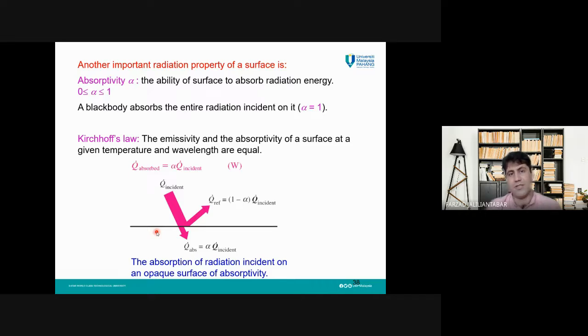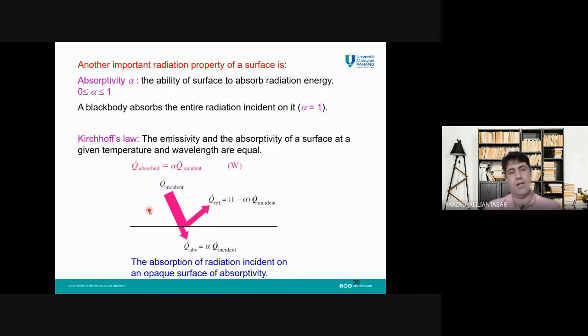Some of that is reflected, and it will reach other bodies, and there will be heat transfer to those bodies, and the temperature of those bodies will also increase. So this is the reason why we define these two: radiation emitting and also absorbing thermal energy. We have this for all surfaces, especially for opaque surfaces.